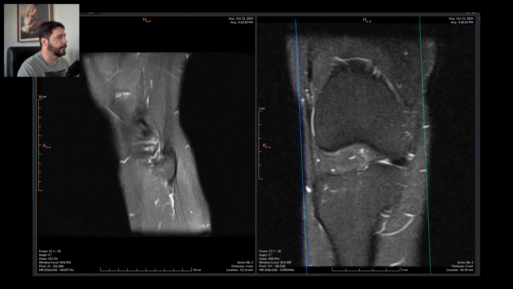Lumbar spine is here. This is a 41-year-old male, and he says, let's see what he said here as I open his images. Did I open it? Did it work?